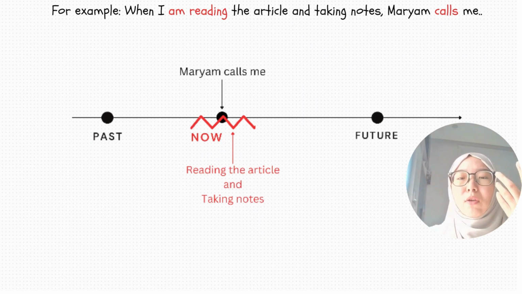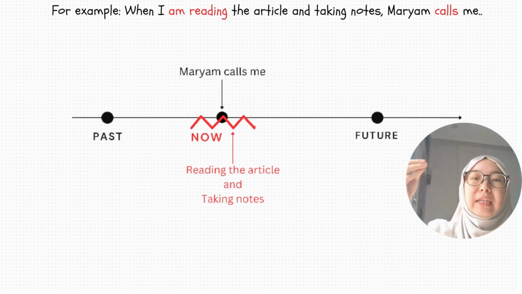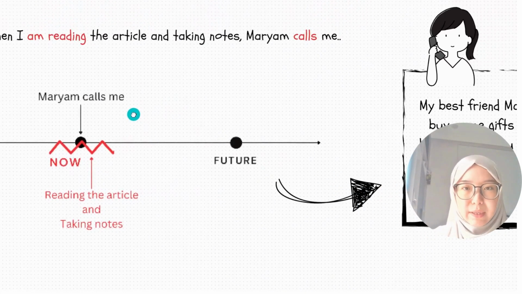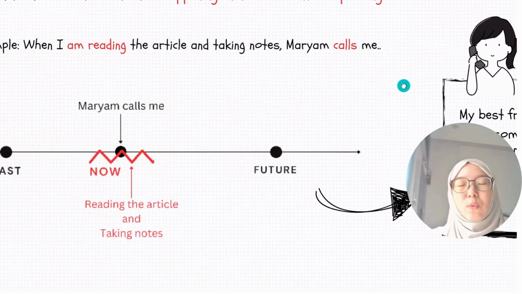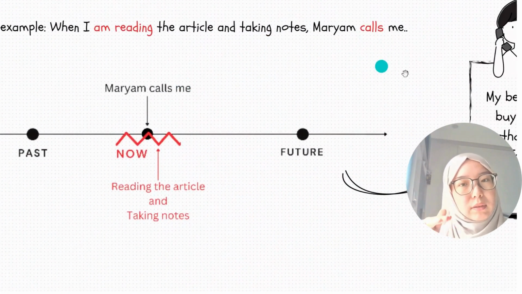And when Maria calls me, during the time I am reading the article and taking notes, the action happens in between and interrupts my action. So that's why we use Maria calls me instead of Maria is calling me.